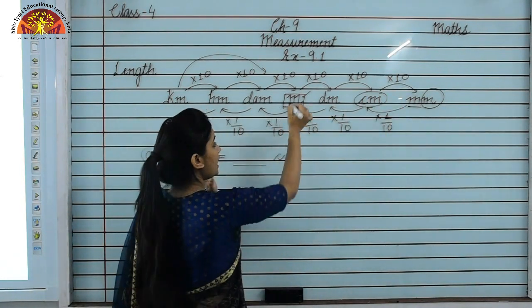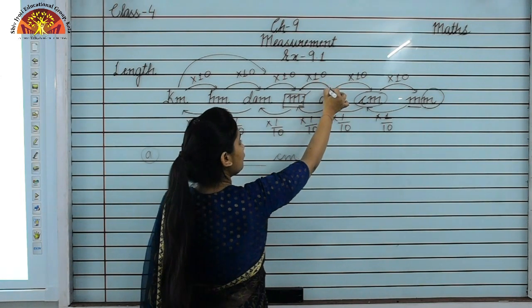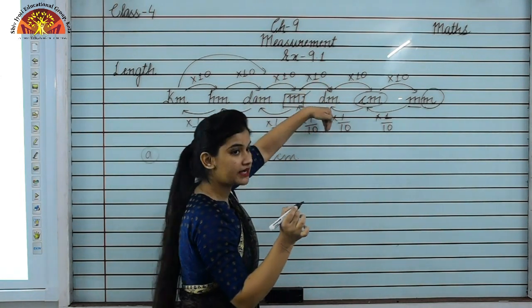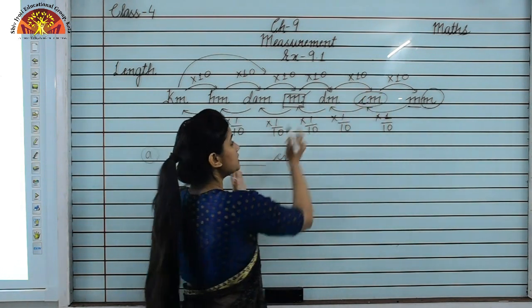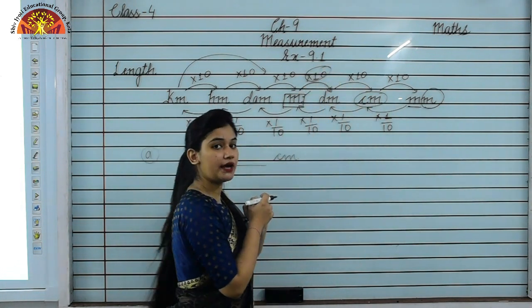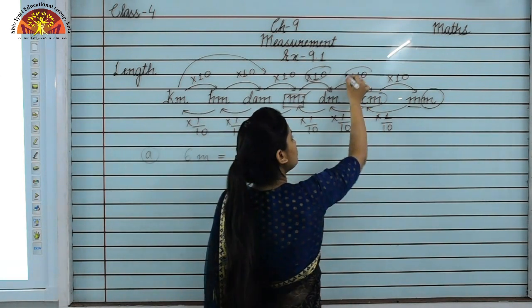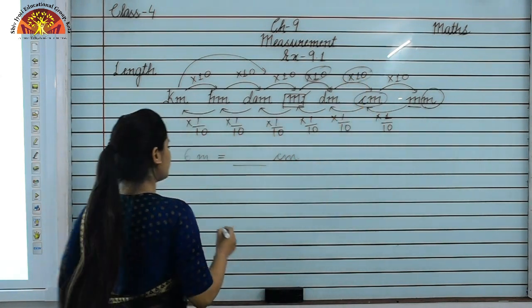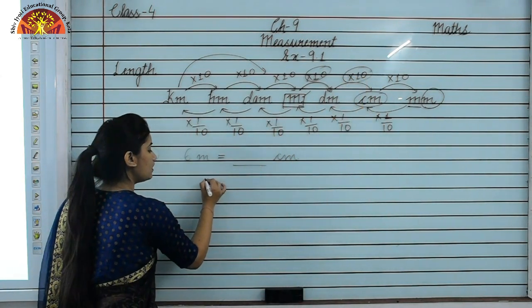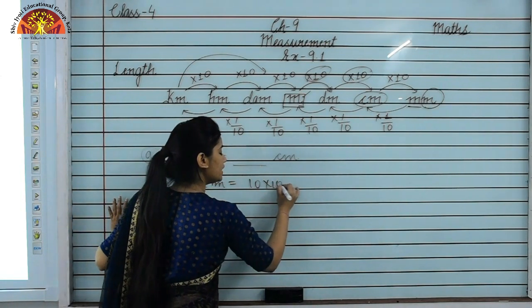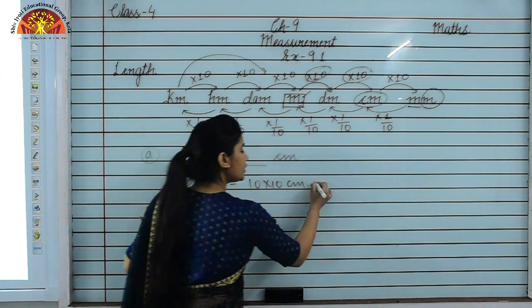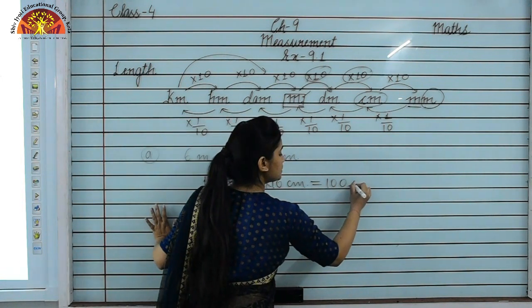It means we have to go first from meter to decimeter, after this from decimeter to centimeter. It means first we will multiply by 10 and again multiply by 10. So 1 meter is equal to 10 into 10 centimeter, or you can say 100 centimeter.